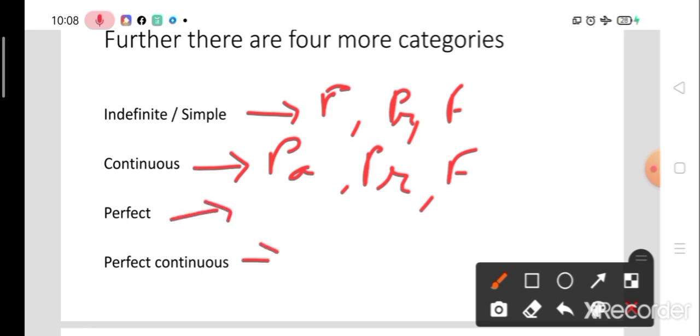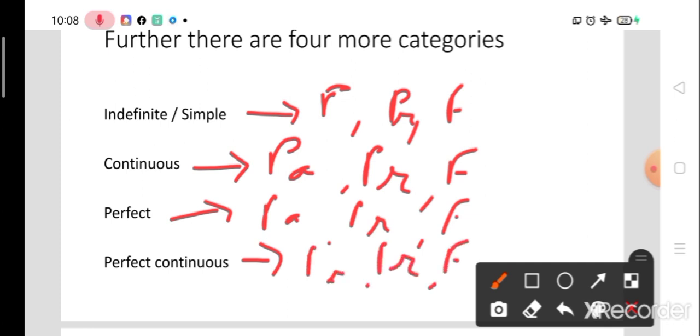Similarly it goes with perfect and perfect continuous as well, past, present, and future. Now we will be discussing all these tenses in detail.